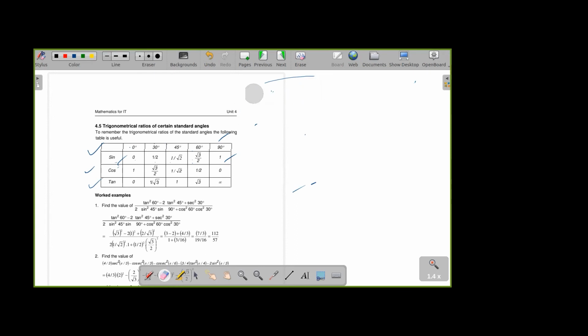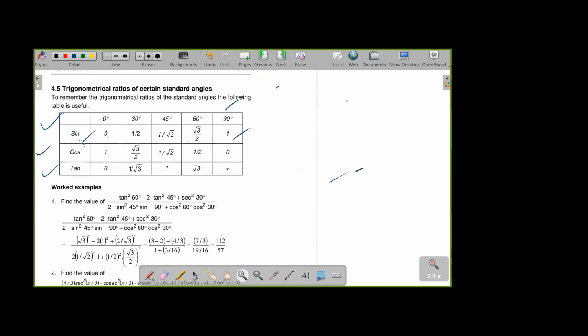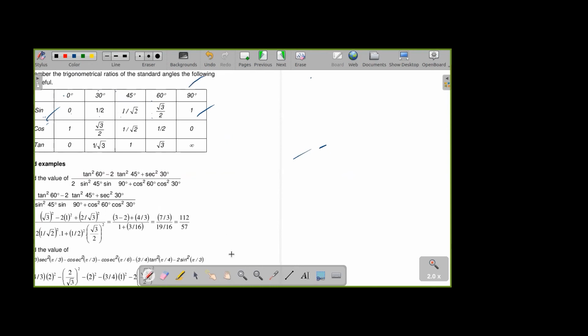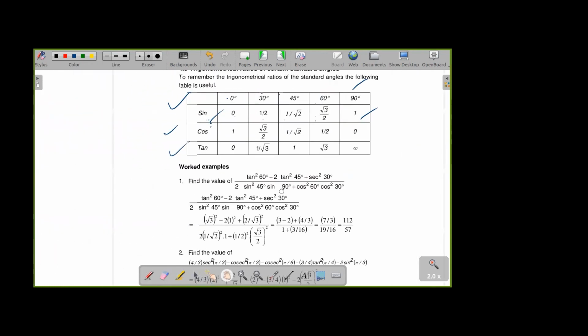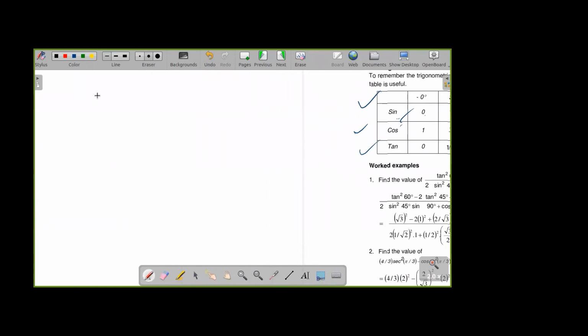But I think many will not remember this chart. So I will give a trick: in the exam, if you forget, you can write it down again without remembering it. First write down sine, then the standard angles 0, 30, 45, 60, 90.